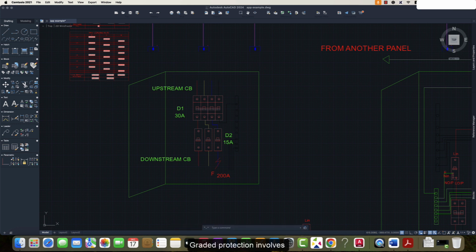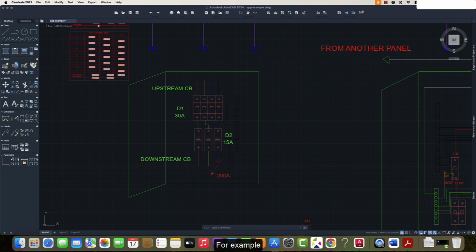Graded protection involves using protective devices with different ratings in a coordinated manner. The key idea is that the speed of operation of a protective device increases as its rating decreases.